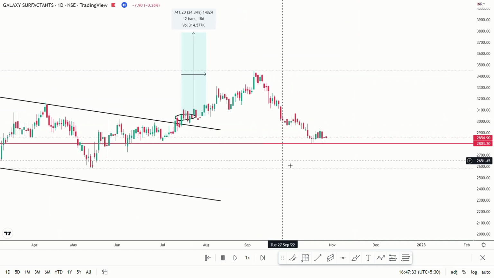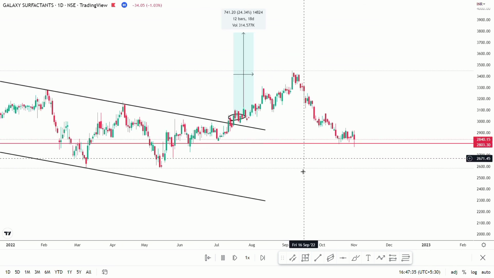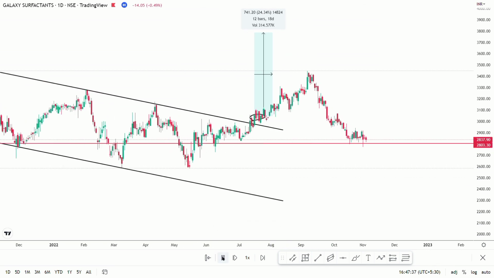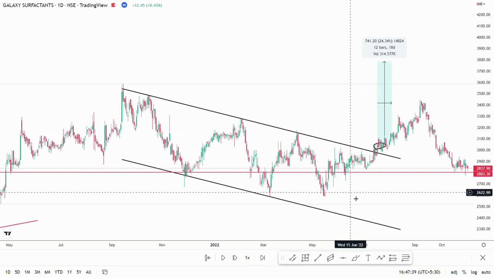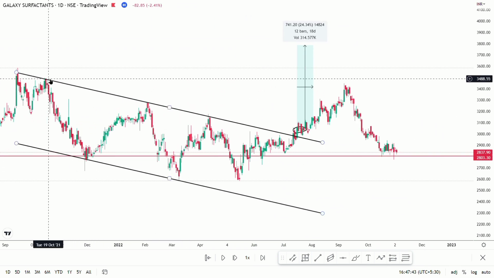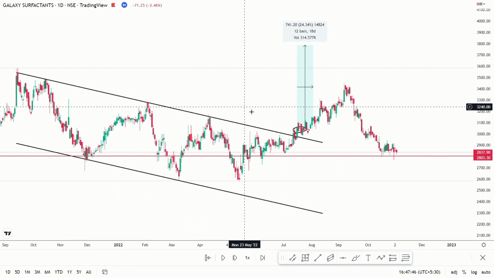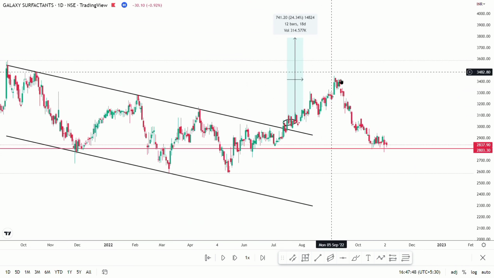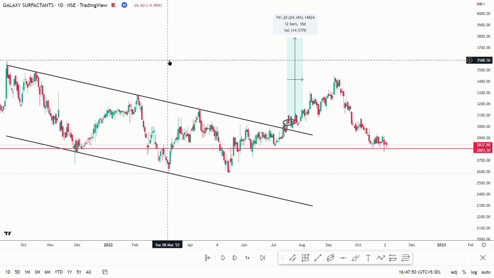Okay, at this point our stop loss has been hit. So this is a very recent example of our swing trade that I am also sharing with you in my YouTube video. So this is the stop loss hit in Galaxy Surfactants.